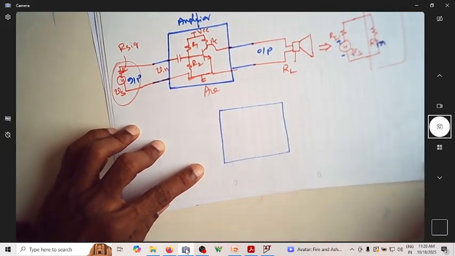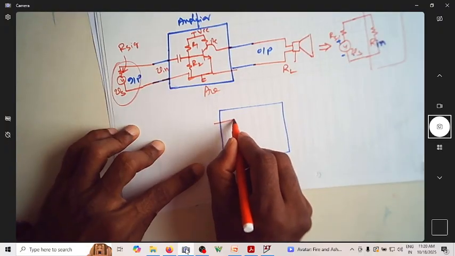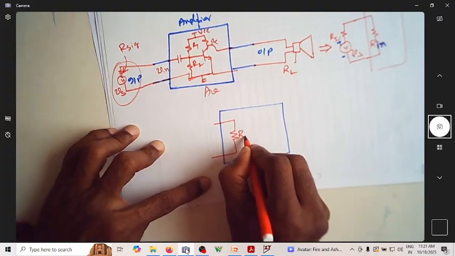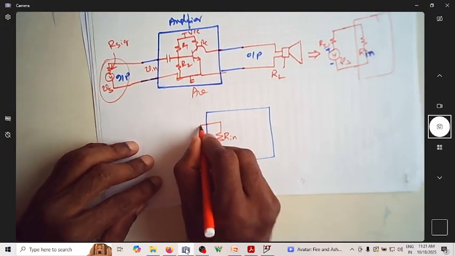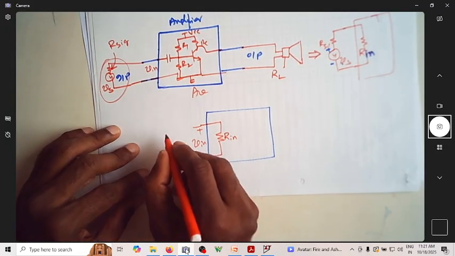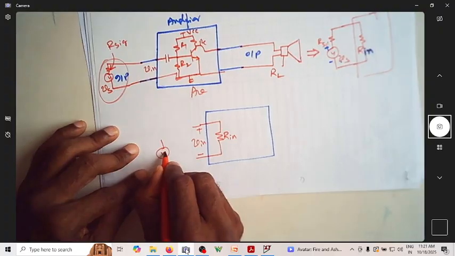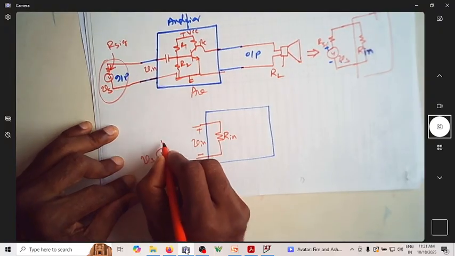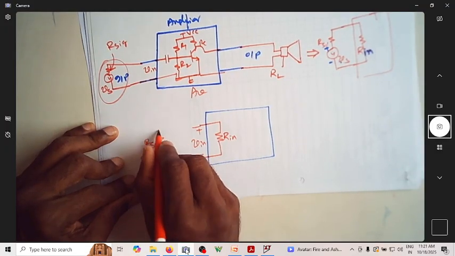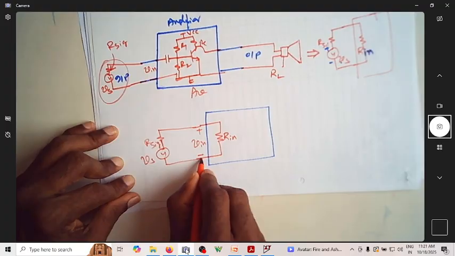This is the black box. This black box is now at the input represented by some R in. This is the input voltage V in reaching the amplifier, and I actually have a source of Vs and there is a resistance R signal here, and this is connected to this.